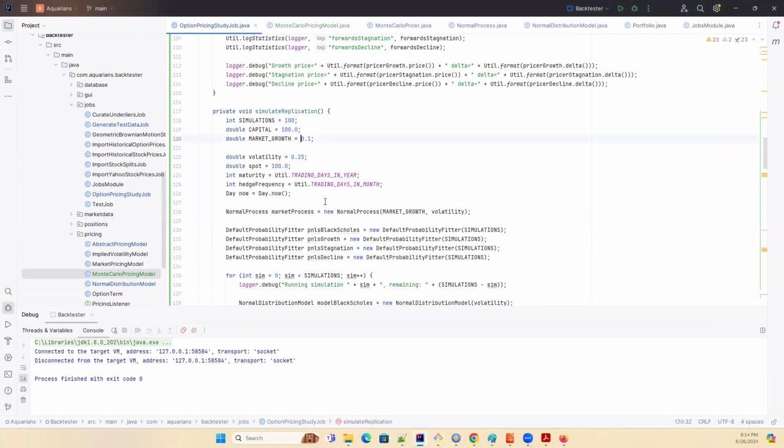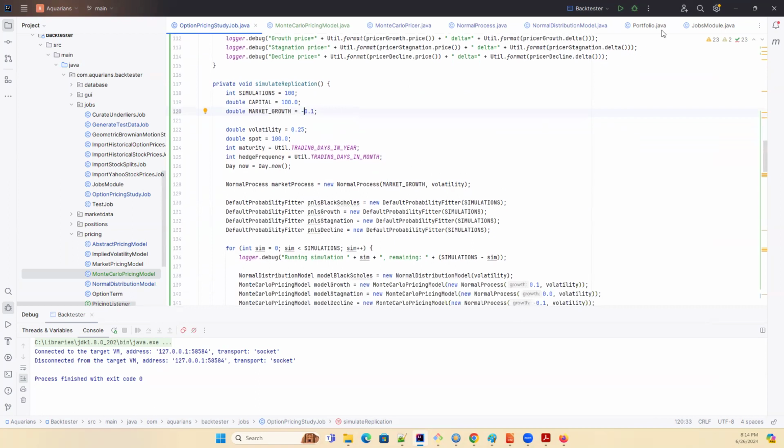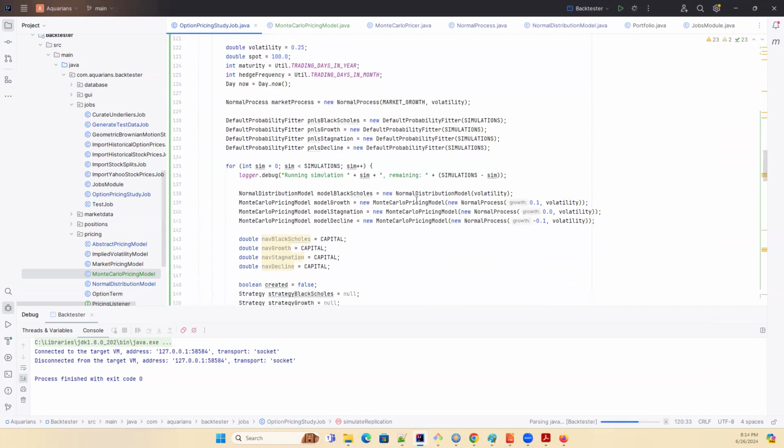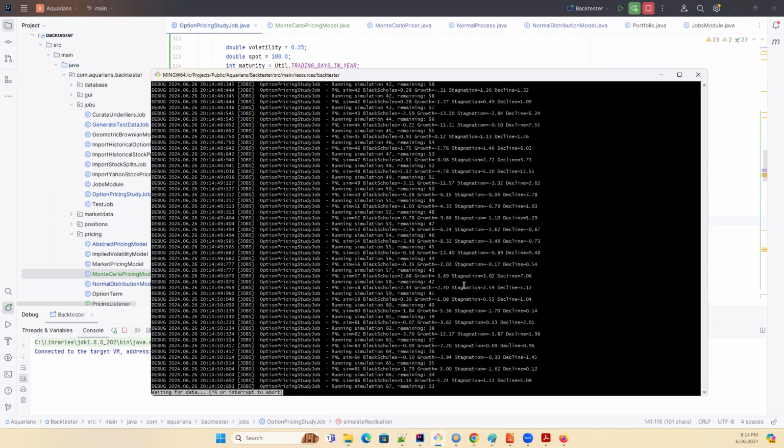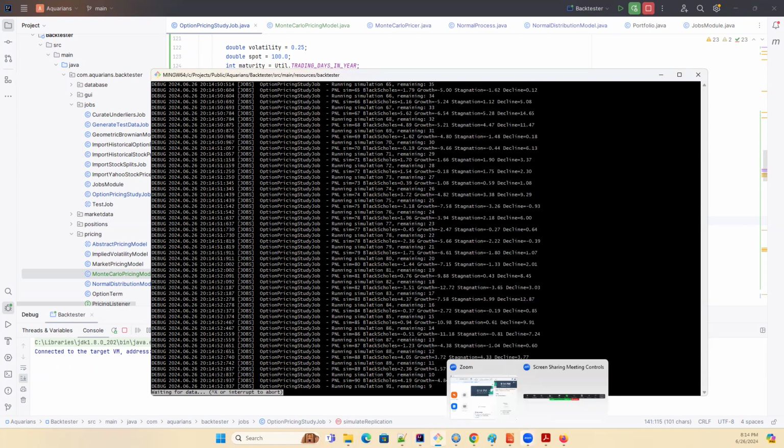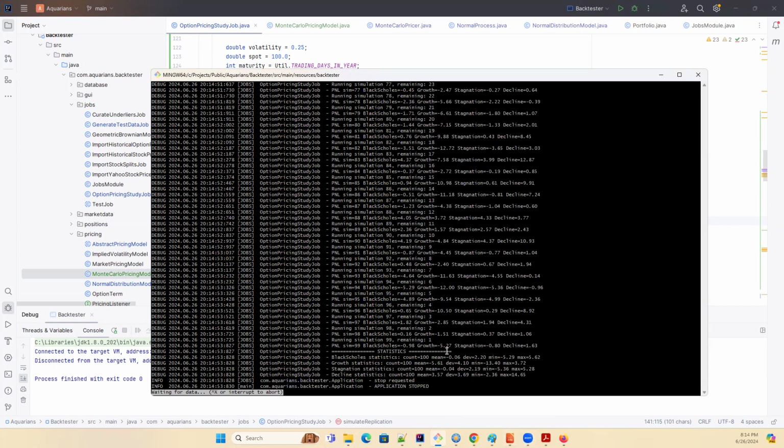Let's use market growth negative. In this case, this model has the same growth rate as the market, but it still doesn't matter because it's still mispricing. It's not working the way it should. So the only models that work are Black-Scholes if you use the closed-form formula, or the Monte Carlo model with a 0 growth rate.